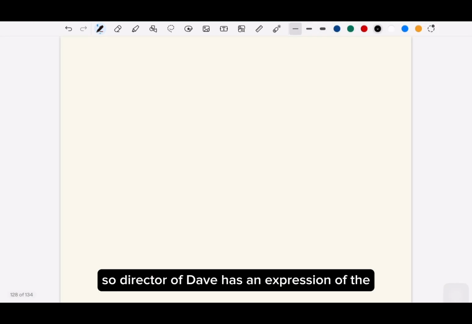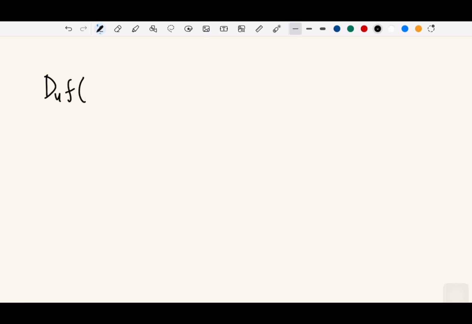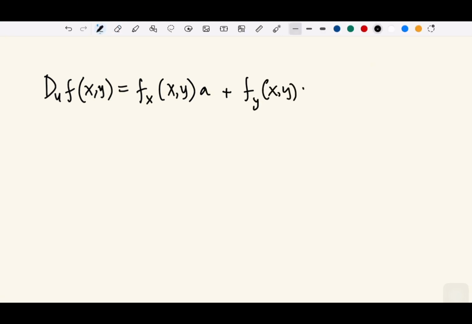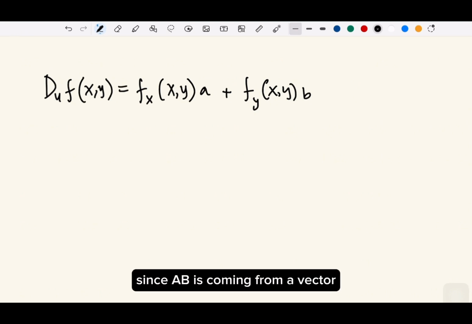So the directional derivative has an expression of partial x, this is a, and partial y, and this was b. Since a, b is coming from a vector, we can write this in terms of the dot product of these two.